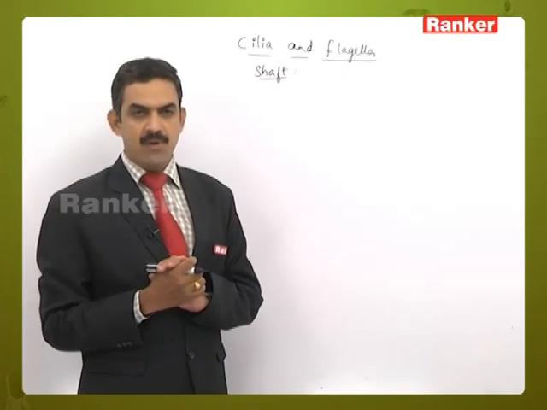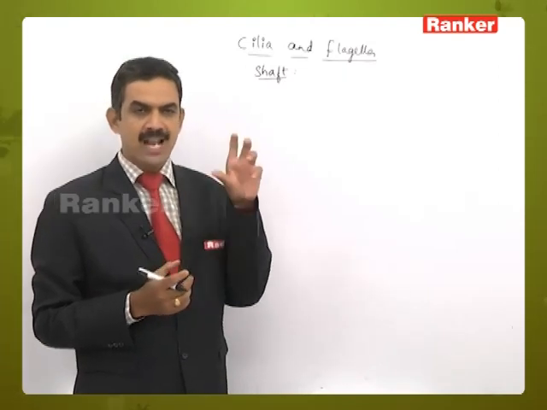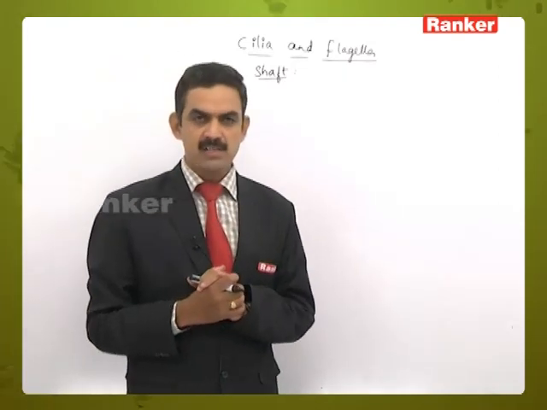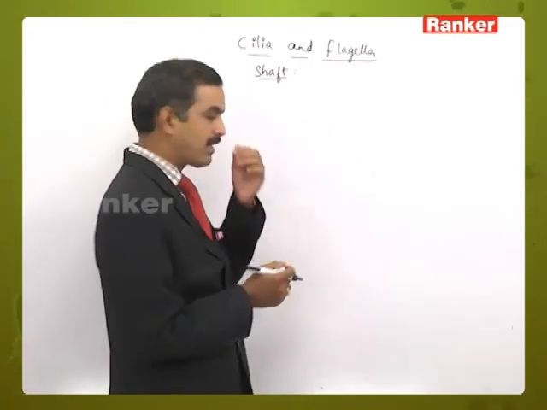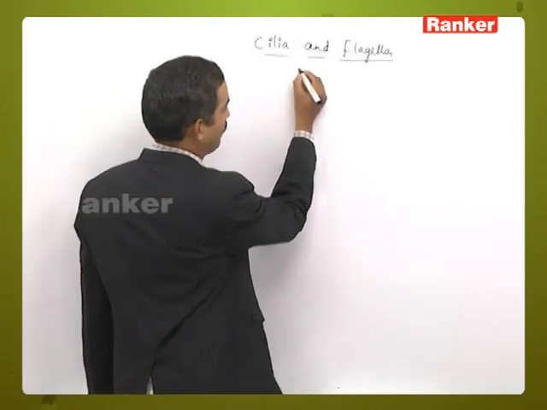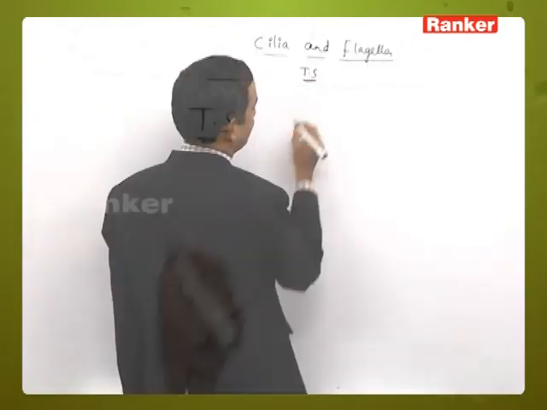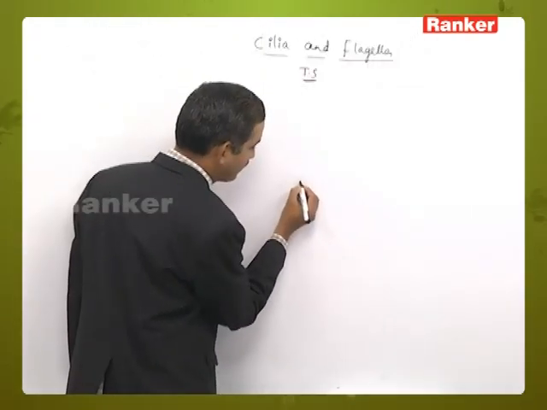Here the central fibrils are present. These central fibrils are attached to the peripheral fibrils, and the peripheral fibrils contain duplets, or dimer-like structures. In the transverse section of flagella or cilia, we can see 2 central fibrils.